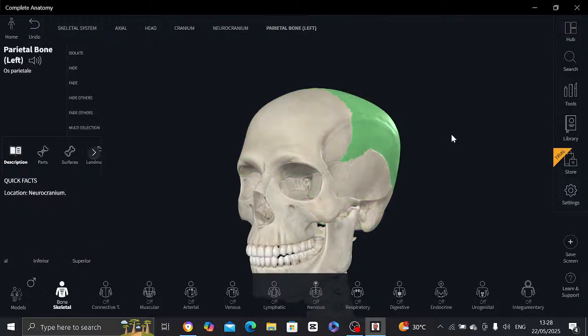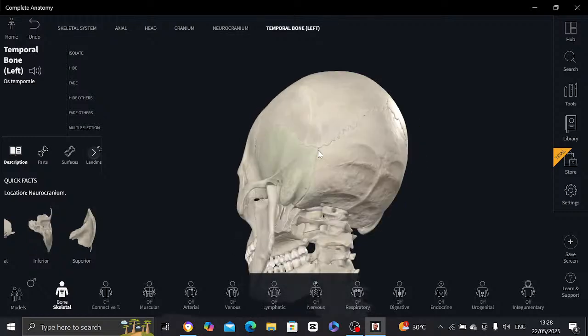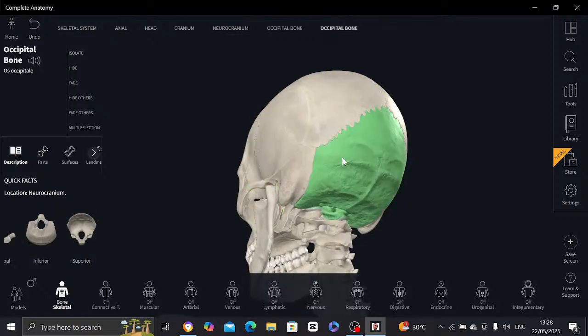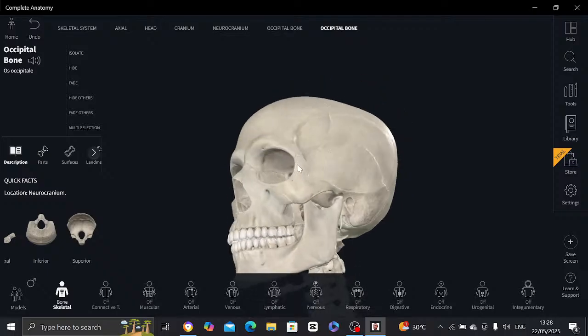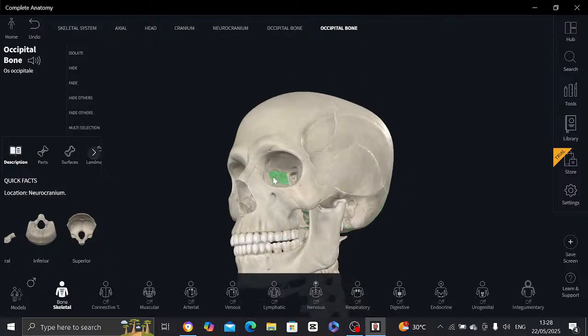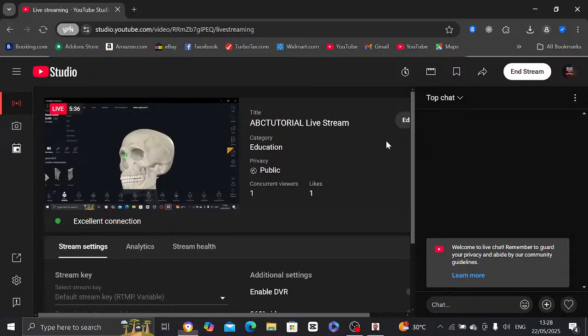You can see how large it is, the parietal bone, the temporal bone. If we go to the back, you can see the large occipital bone. These bones are generally large and they are flat. But if we look at the facial bones, for example, we have the ethmoid bone here, we have the lacrimal bone, and we have the nasal bones.